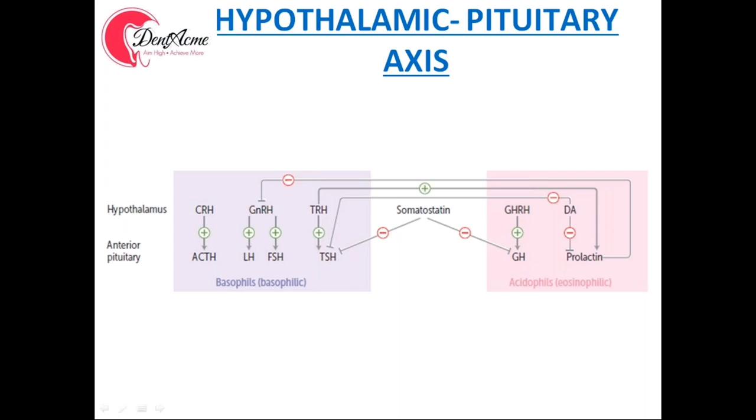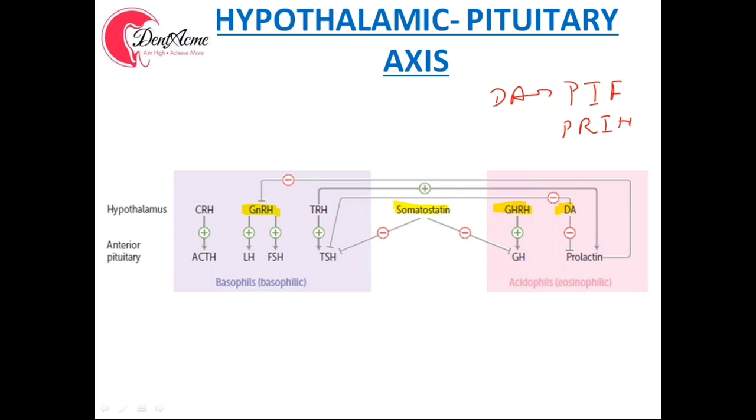The hormones secreted by the hypothalamus are gonadotrophin releasing hormone, growth hormone releasing hormone, somatostatin, and dopamine. Dopamine is also known as prolactin inhibiting factor or prolactin inhibiting hormone, PRIH, PIF, PRIF, something like that.